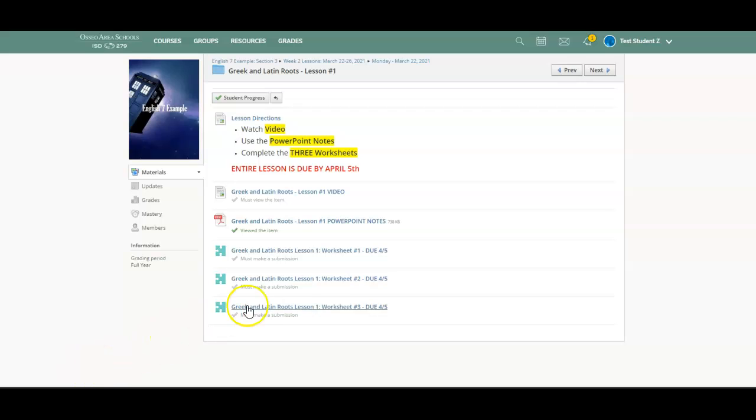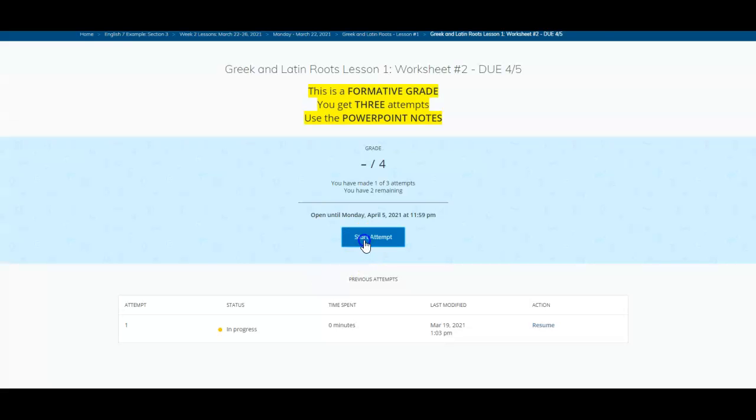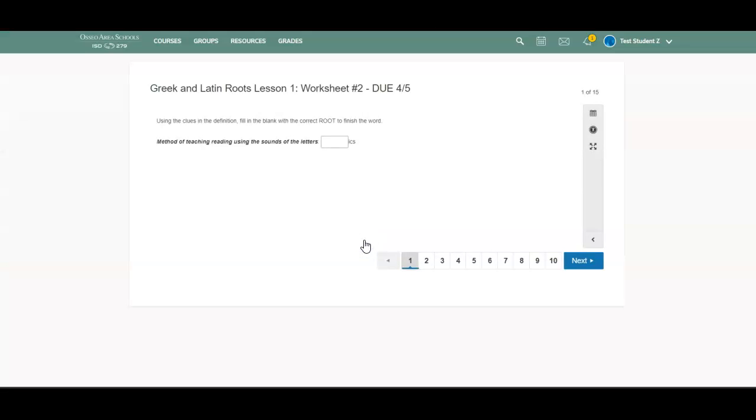Next, we're going to look at worksheet number 2. In worksheet number 2, it says to use the clues in the definition, fill in the blank with the correct root to finish the word. So we're going to be writing roots in the blanks, and when we add it to these letters, it's going to create a word. And what's in bold is the definition of that word.